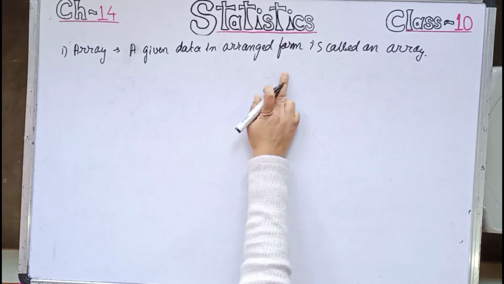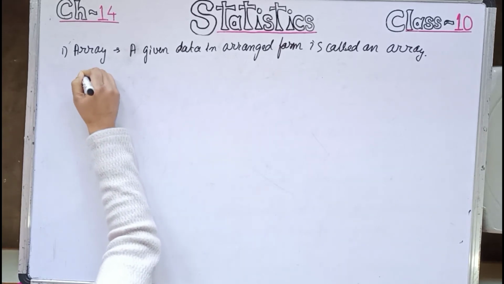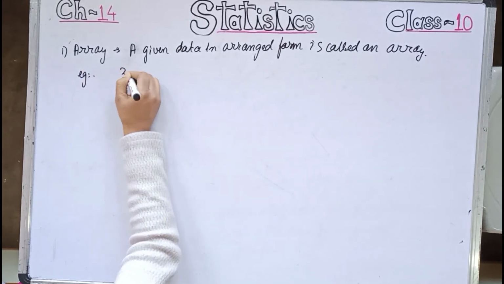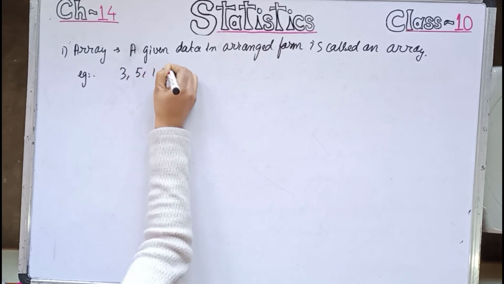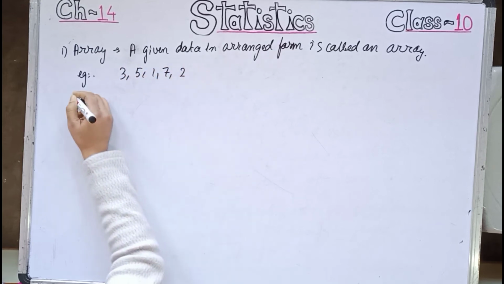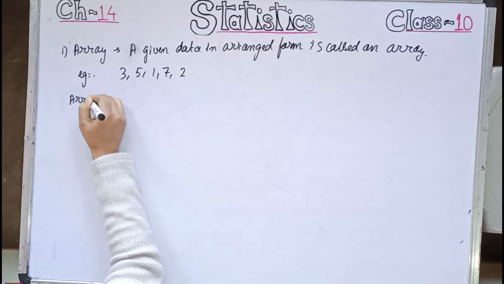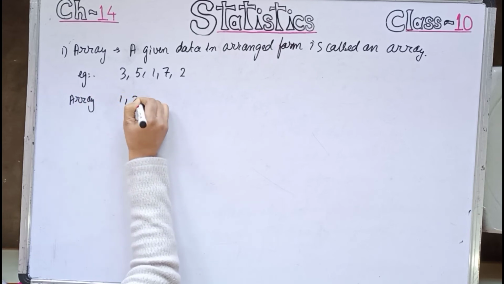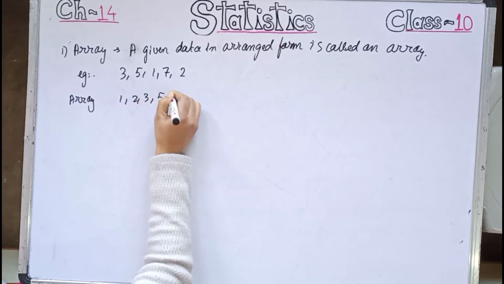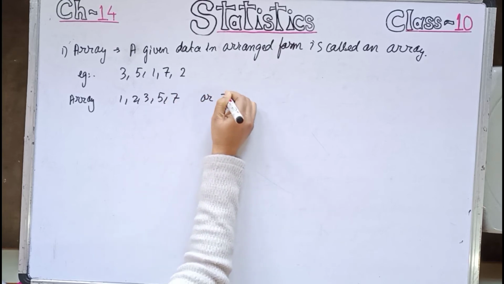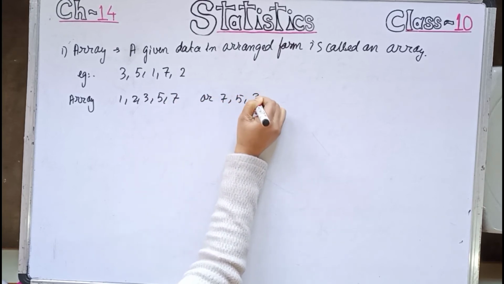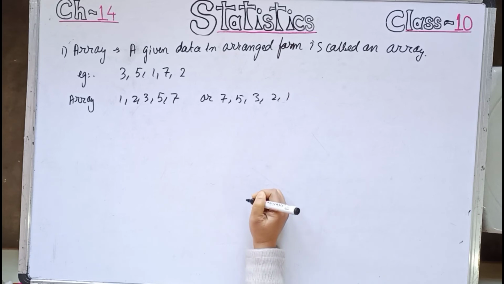Arranged form can be in increasing or decreasing order. For example, if the data is 3, 5, 1, 7, 2, the array will be 1, 2, 3, 5, 7 or 7, 5, 3, 2, 1.